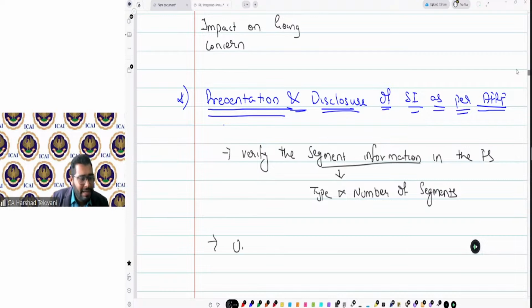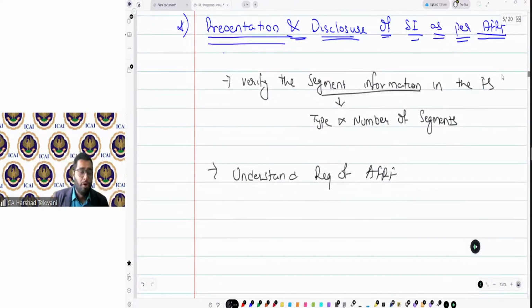Number two, understand the requirement of applicable financial reporting framework. Then only you will be able to understand whether it has been followed or not. Number three, the method to calculate the segment amount.